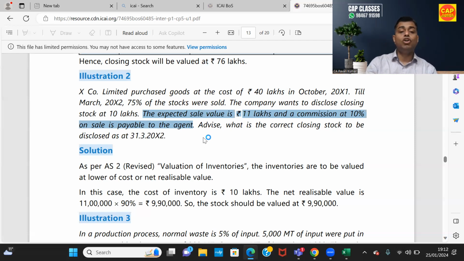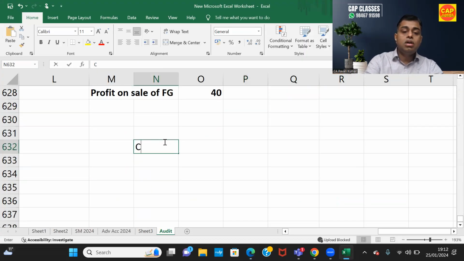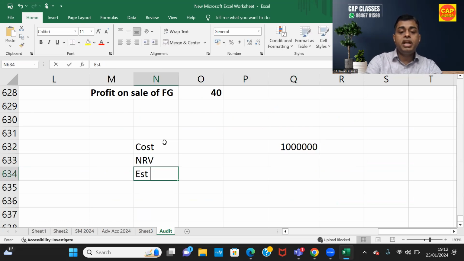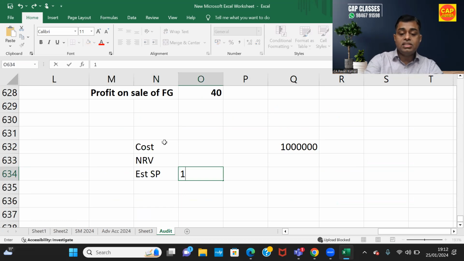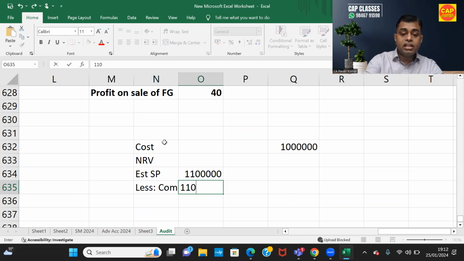The company says we want to value inventory at 10 lakhs. No, you cannot do that. What you need to do is, cost is 10 lakhs. NRV: estimated selling price is 11 lakhs, less commission 10%, that means 1,10,000.